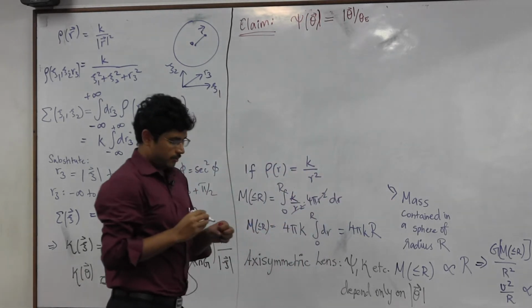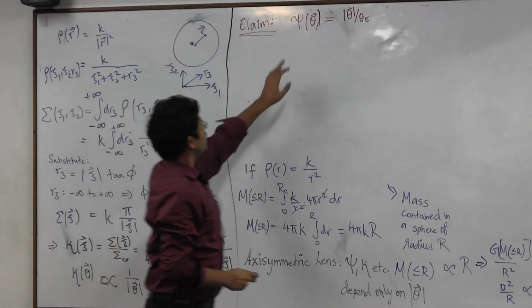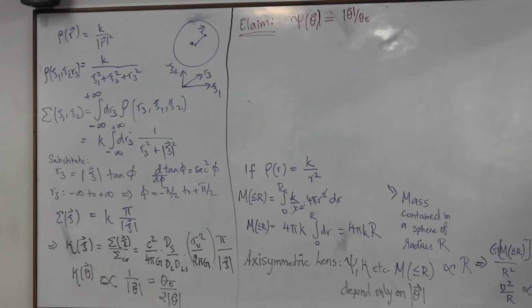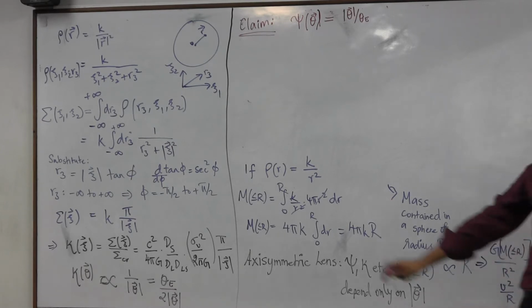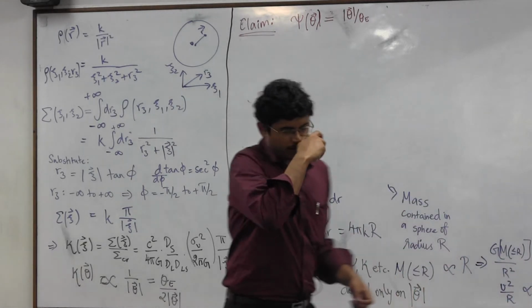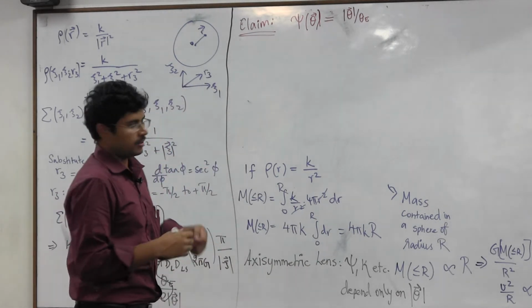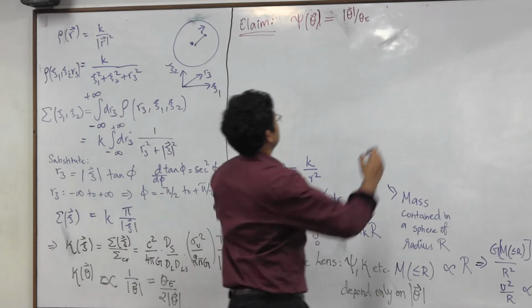So this is the claim that I make, and if the lensing potential is given by this, you can use this expression to get kappa, and you will see that you get this. Now let's do it the wrong way by assuming that theta is just a scalar.